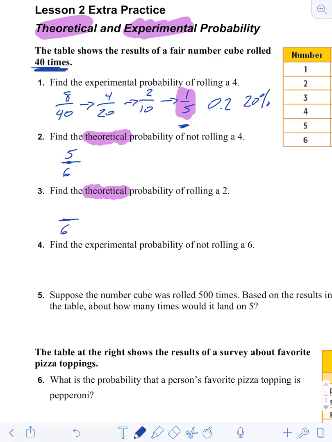That's my denominator. The total number goes on the denominator. It's either how many times I did the experiment or how many options I have in the experiment. Then, how many 2s are on that die? Only 1. 1/6. That's my answer. It doesn't simplify down any further.